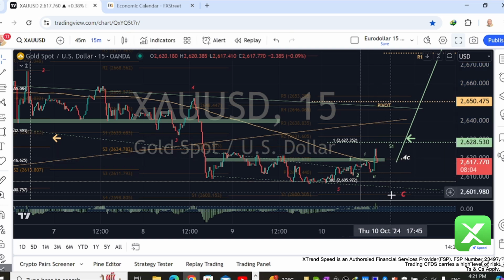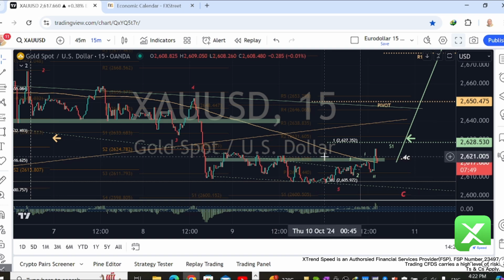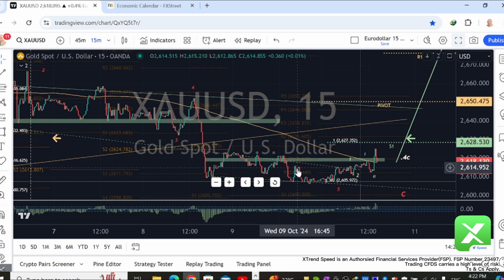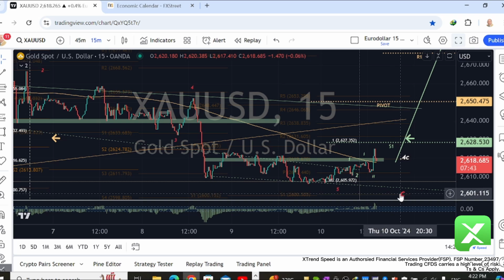Unless we break level 1 immediately, that's when we can consider we have a failure and there's no need to join into the longs. Meaning that within the current hour, if I see the market break level 1 and go to 2,600, 2,685, if we get to these levels, yes, we are getting another deeper correction, and C is not finished.